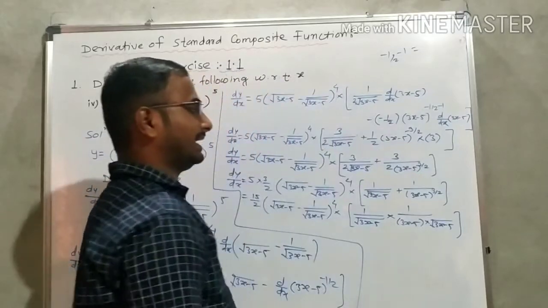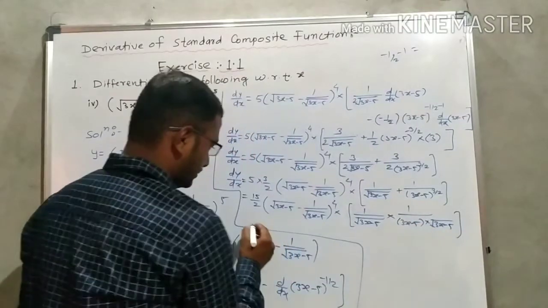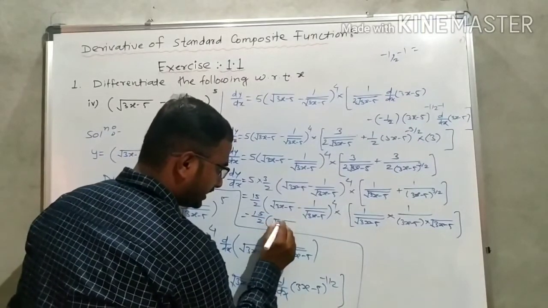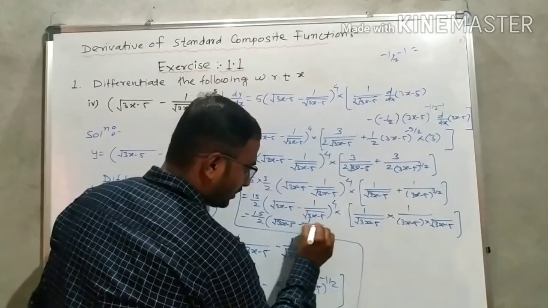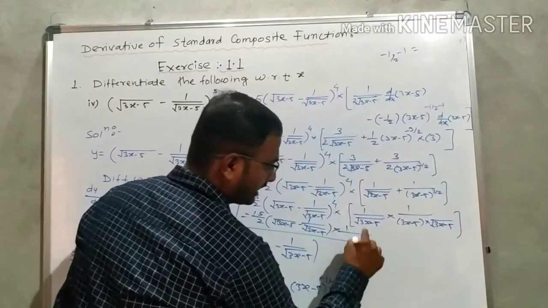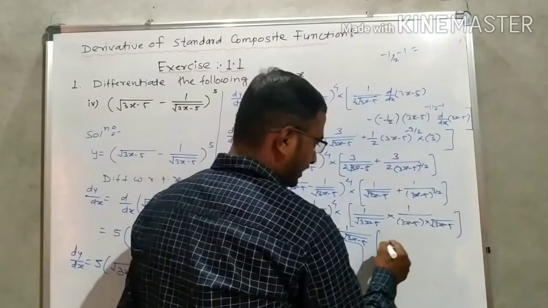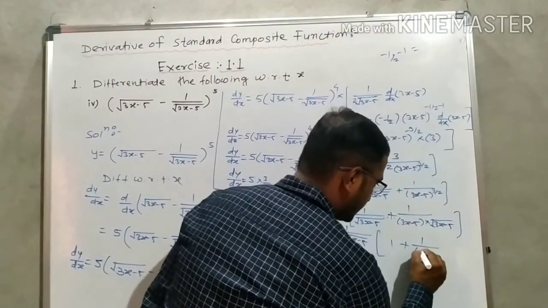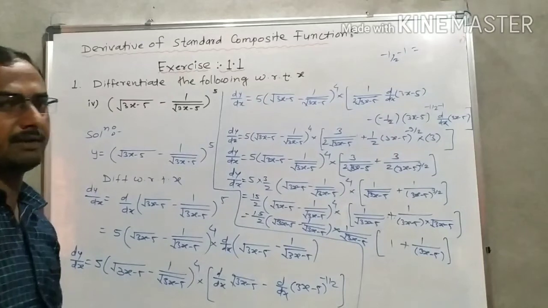Square root of 3x minus 5 is common, so 15 by 2 into square root of 3x minus 5 minus 1 upon square root of 3x minus 5 into 1 upon the common term, square root of 3x minus 5, in the bracket after taking the common term, 1 plus 1 upon 3x minus 5. Copy up to here.